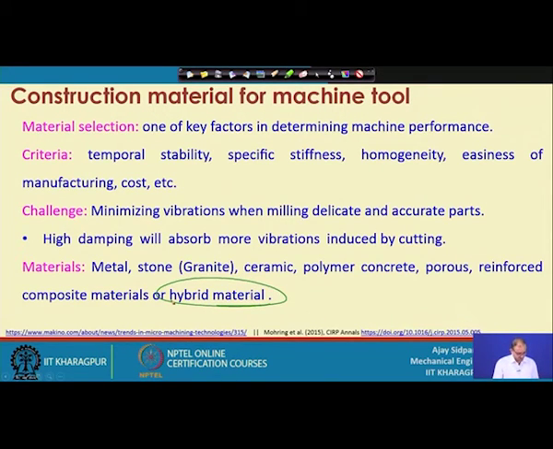They put concrete, which is one material, and polymer, which is a different material. You mix both and get one type of hybrid material. Composite is also considered a hybrid material, because it consists of two or more materials, so that you can get the required property for a particular structure.